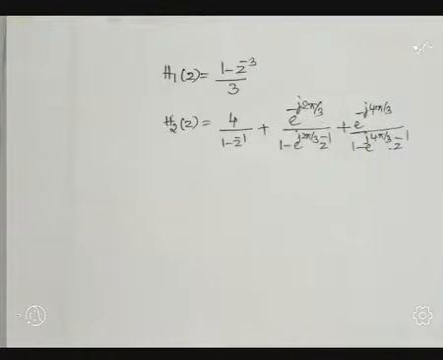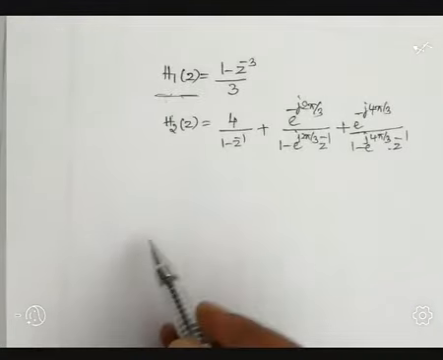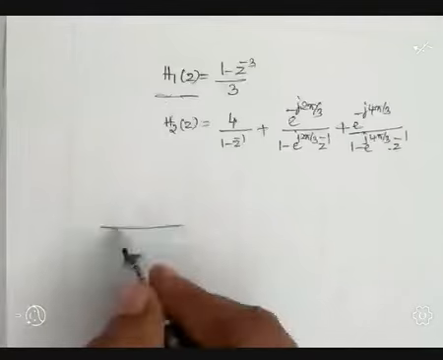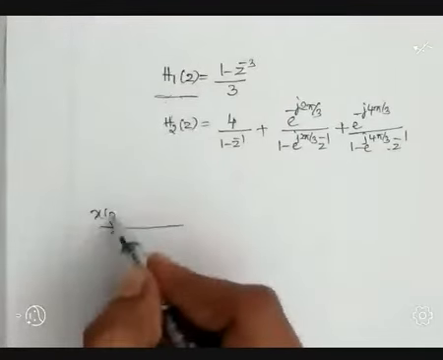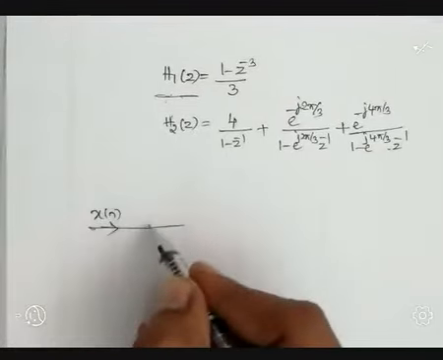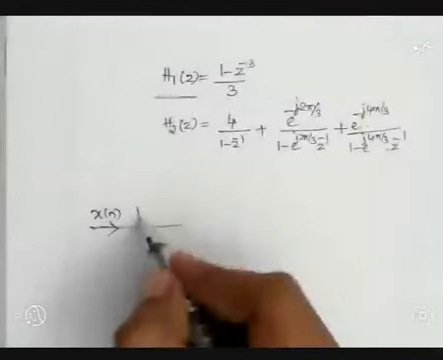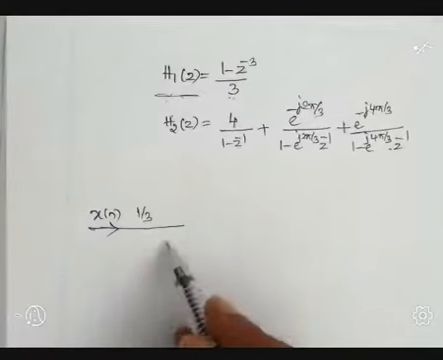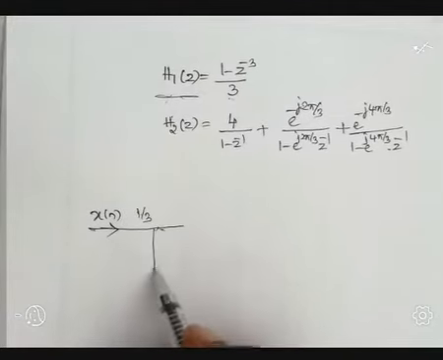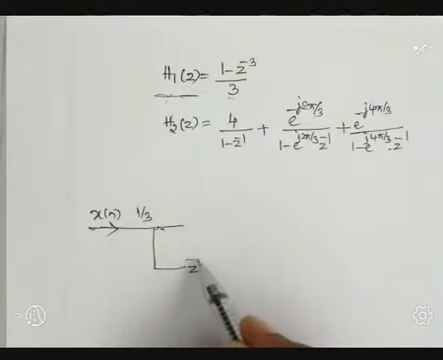Okay. First, I will realize H1 object. X of n is the input. Multiplied by what? Multiplied by 1 by 3 is there. Then divided by z to the power minus 3.